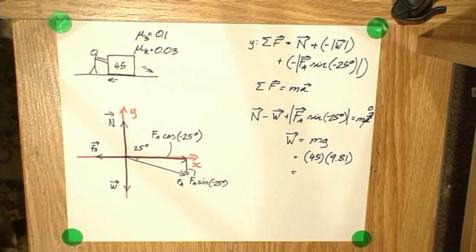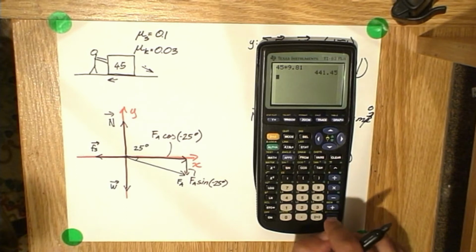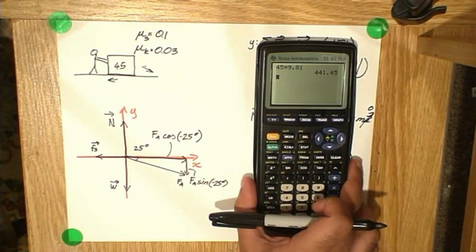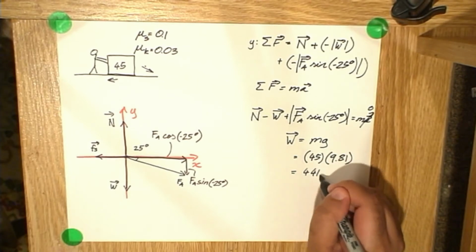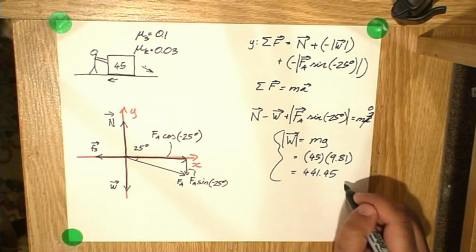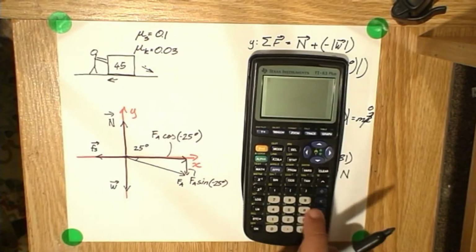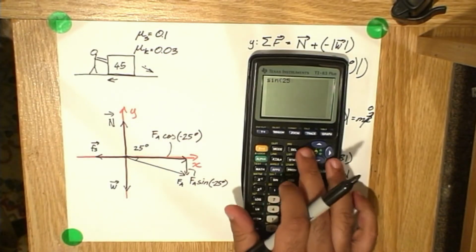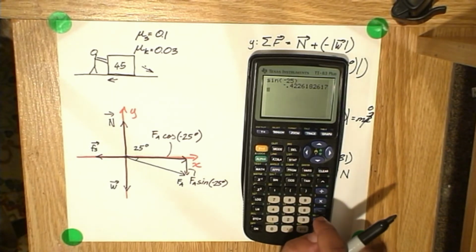And let's see what that's equal to. 45 times 9.81 gives us 441.45. So that's the size of the weight. And while we're at it, we can also say what sine of negative 25 is. It's negative 0.422.